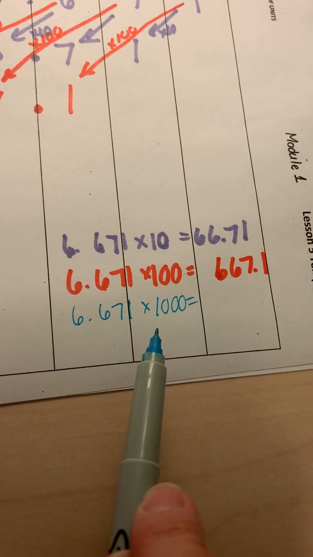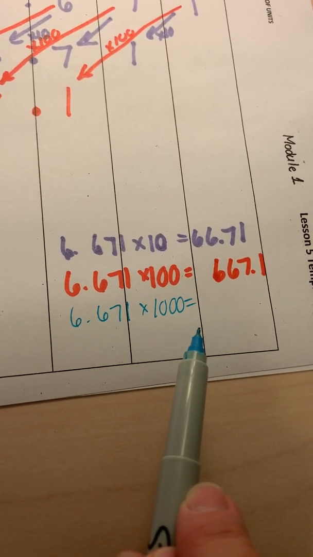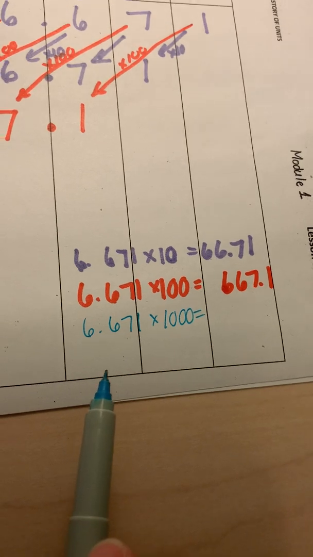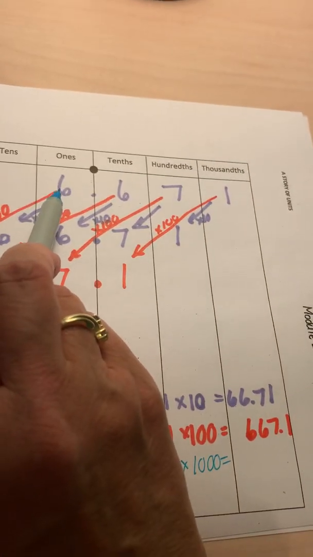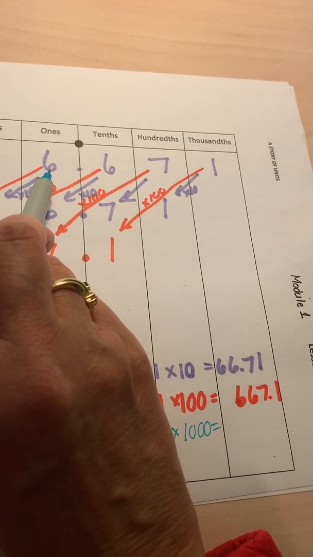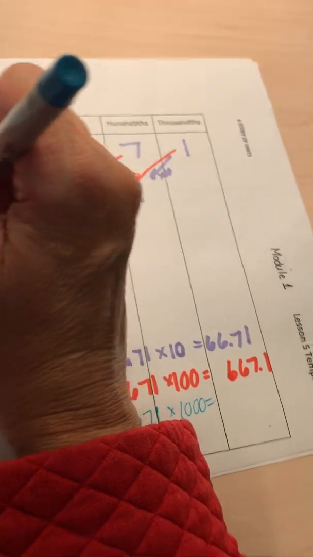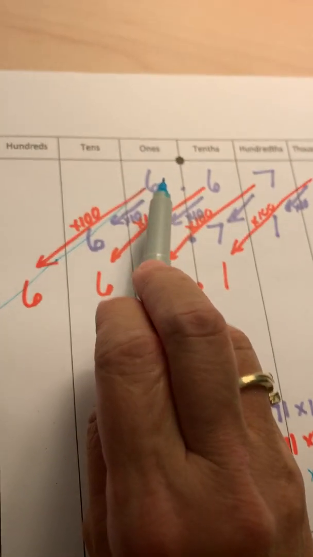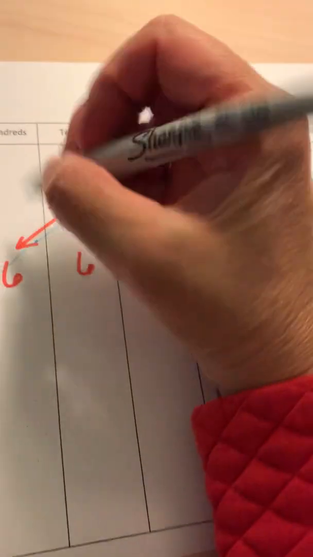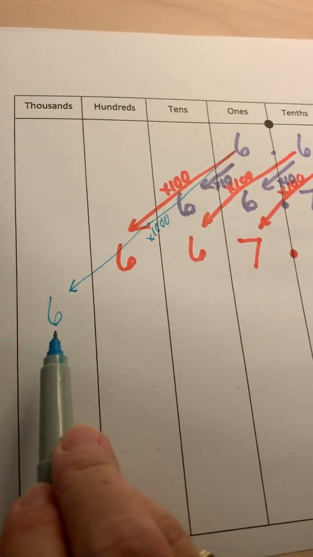So 1,000 is 3 place values. So when we multiply this, we go back to our original number. We have 6 ones. 6 ones times 1,000 means we're going to go over 3 place values to get 6,000.